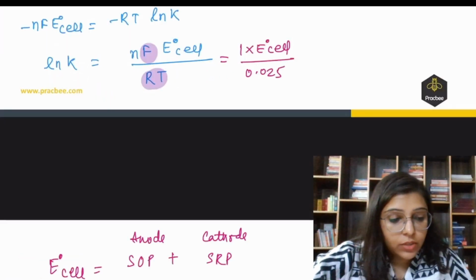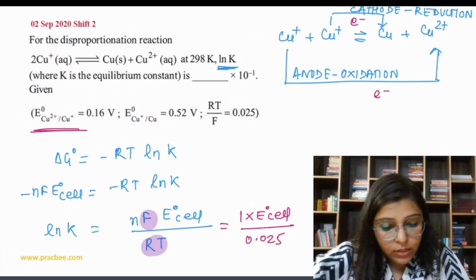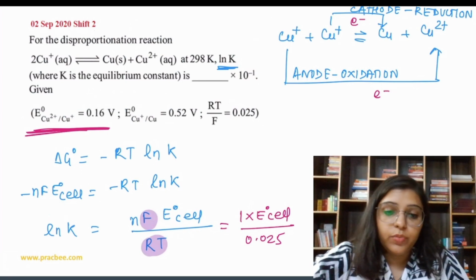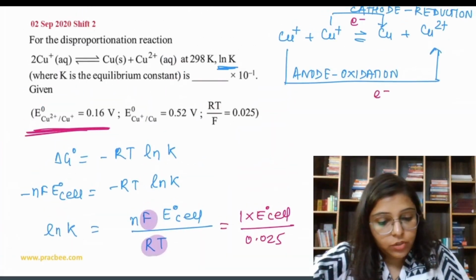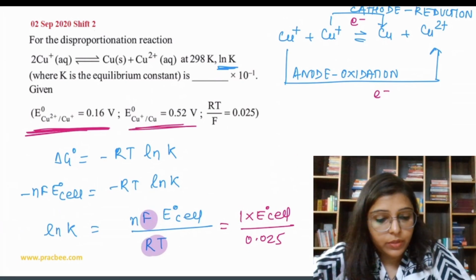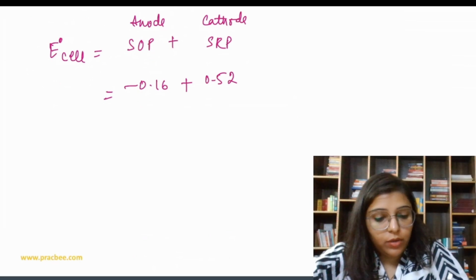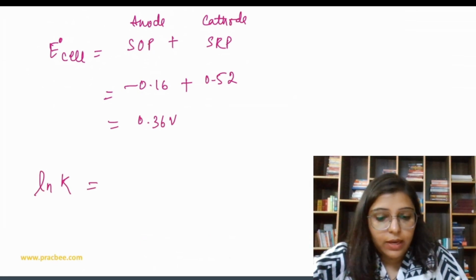Standard oxidation potential at the anode, Cu+ to Cu2+, is equal to minus 0.16. Reduction potential Cu+ to Cu is 0.52. So when you solve this you get 0.364. Now just find out the value of ln K.